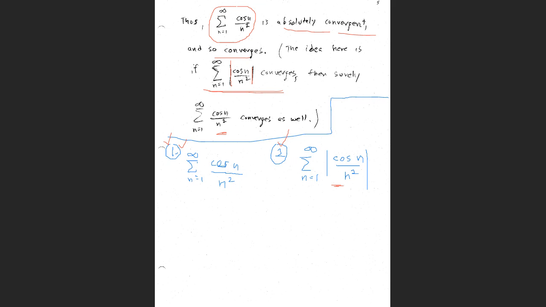I mean, could we say that series 1 is less than series 2? Michael says yes. Felicity says yes. Well, why can we say that? Why can we say series 1 is less than series 2?